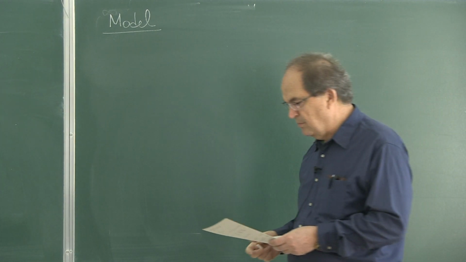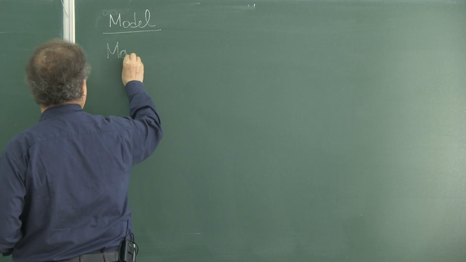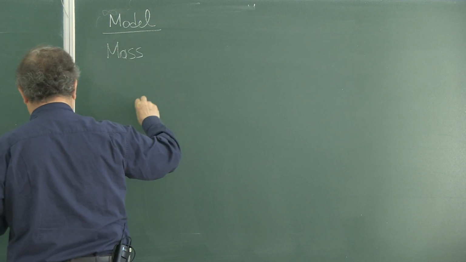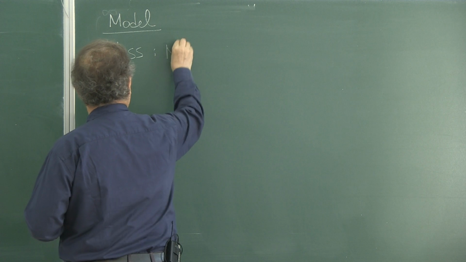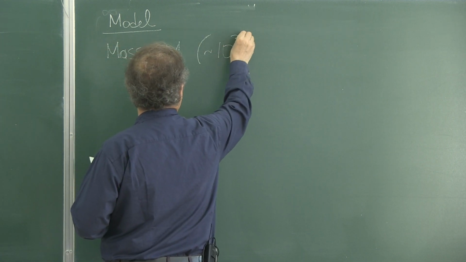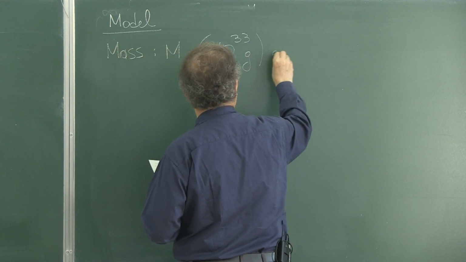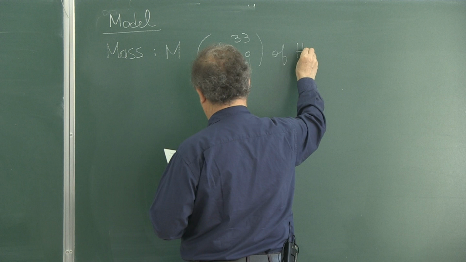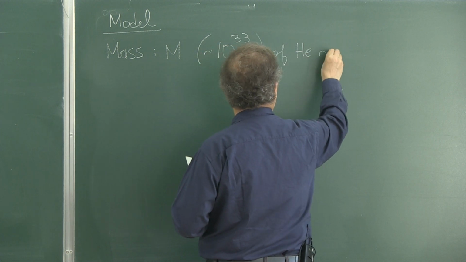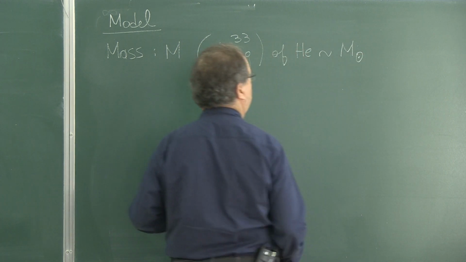Let's look at the mass of the star. Mass is of the order of 10 to 33 grams. This is of helium, and that is approximately mass of our sun.